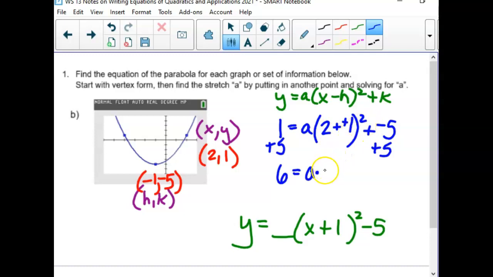It's 9. Use your calculator if you need to, because I was making answer keys for Friday's quiz, and I was like, oh, 3 squared is 6. No, that's not going to work out so well. All right, then make sure you divide correctly. We're dividing by 9 to get A. A is 6/9, which reduces to 2/3.